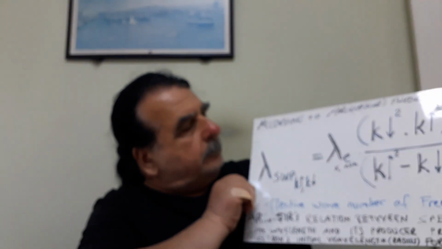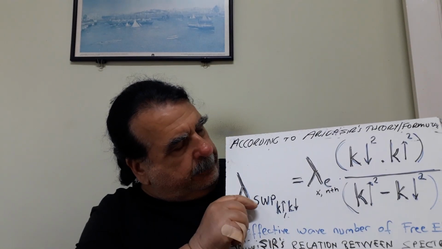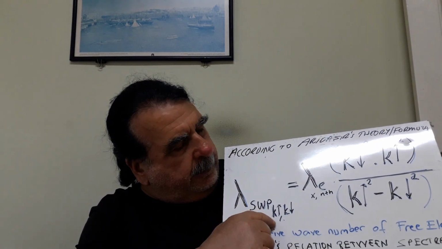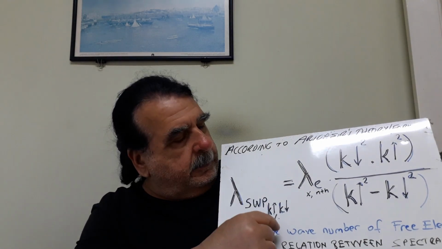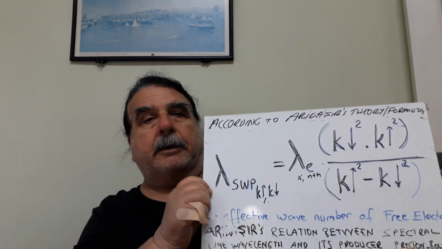While contracting, a proton-bound electron pushes out a single light wave pulse. 3. A single wave pulse has a corresponding wavelength that is nothing but a specific spectral line wavelength. Lambda single wave pulse, K between K upside, K downside. Okay.